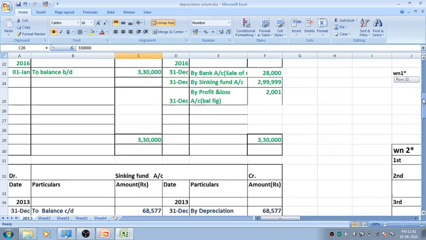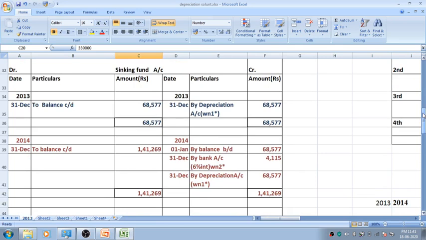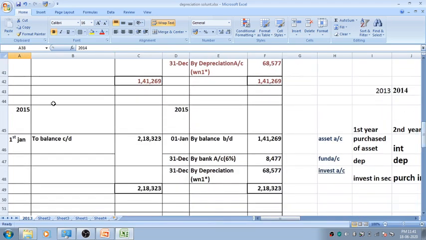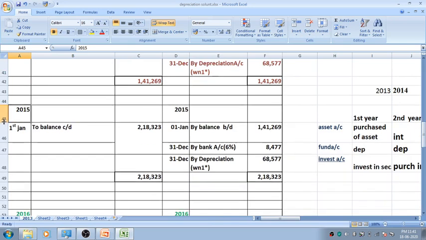In the sinking fund account, just write the year, because it's the first entry, 2015. Okay, so 2015 you write for both the years, open the account, get the date, and then write the opening balance, 2,18,323.